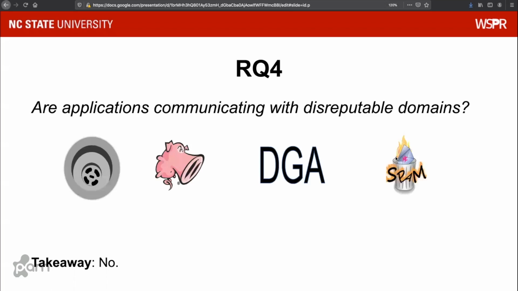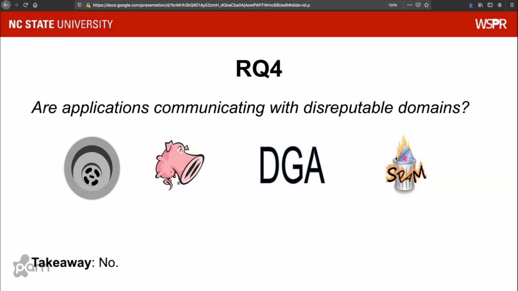And so what we did is we looked for domains from popular applications against things like DNS sinkholes that our corporate partners manage, block lists from Snort, a list of domains from a couple different domain generation algorithms, and known spam lists from a commercial feed.